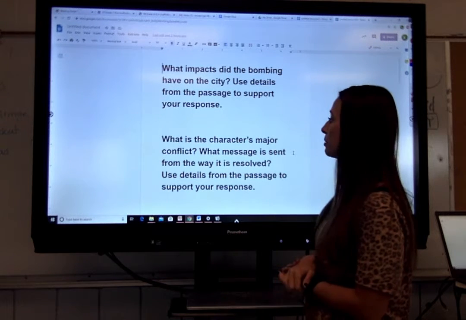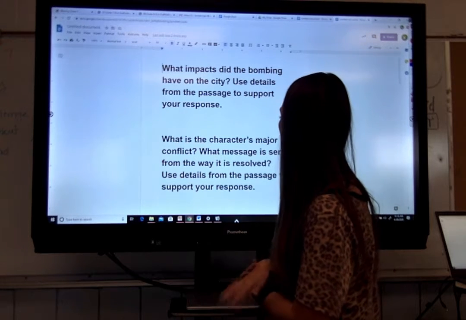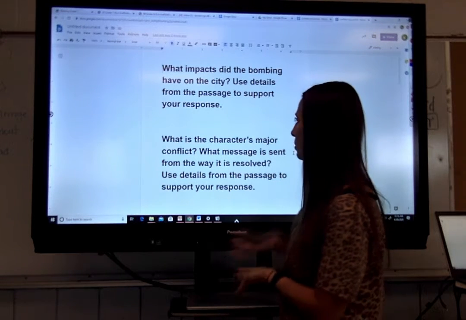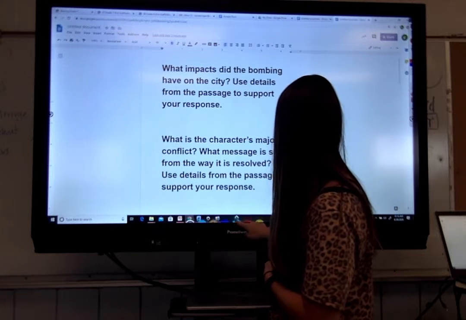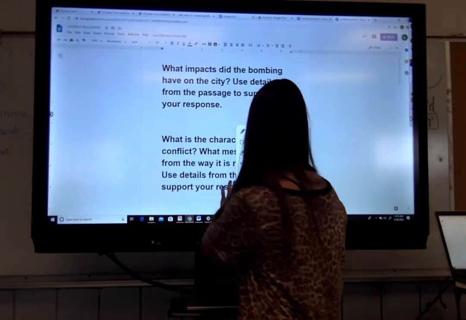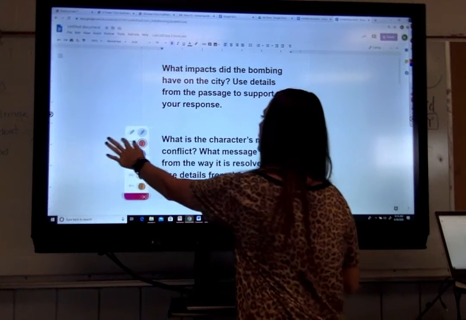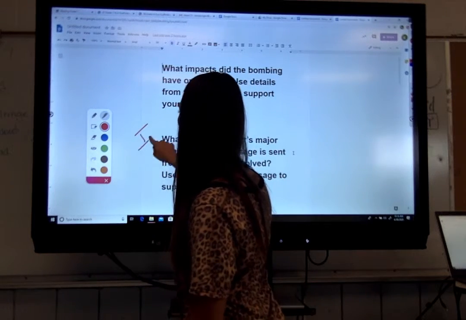What is the character's major conflict? What message is sent from the way it is resolved? Use details from the passage to support your response. Well, when you look at this, once again, you'll notice when you read it that they're not asking us to write a story or write it from another character's point of view, and they're not asking us to argue anything. So once again, this would be an informative prompt.